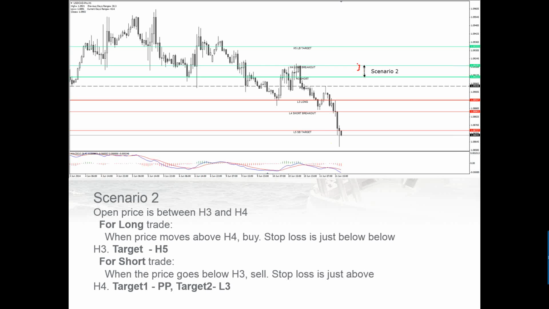If it breaks H4, you open a buy breakout trade and place stop loss below H3 with this target. For short trade, when price goes below this pivot point, you sell. Stop is here. This is second scenario for applying Camarilla standard trading rules.